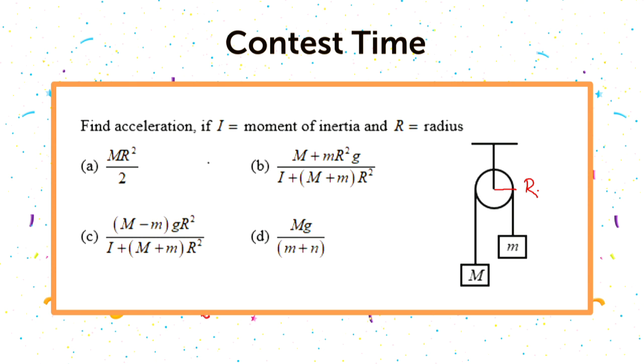The moment of inertia is mentioned, followed by the radius of the pulley. From these two things, you are supposed to retrieve your answer, that is, find the acceleration, if I is equal to the moment of inertia and r is equal to the radius of the wheel in the pulley.